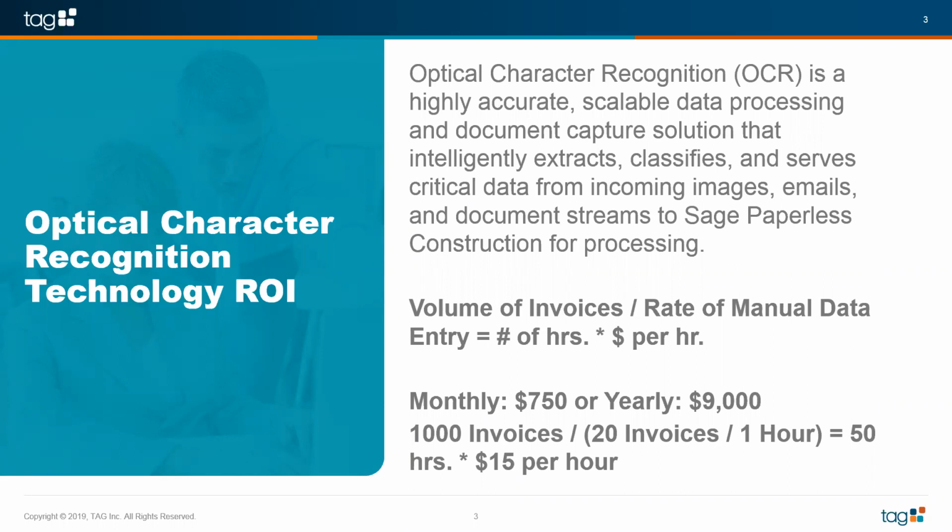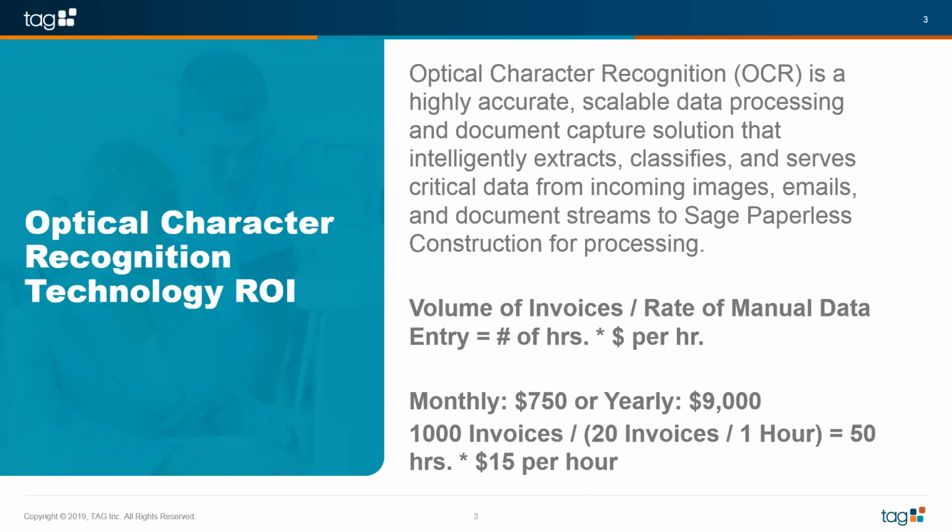Now, I just plugged in numbers here, but if you are receiving 1,000 invoices a month, and it takes 20 invoices per hour to manually have someone enter that in and code it, then you'll want to take that number and multiply it by the hourly amount that it costs you for that AP person to be doing that work.